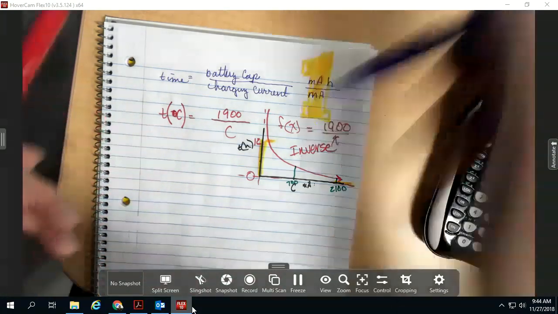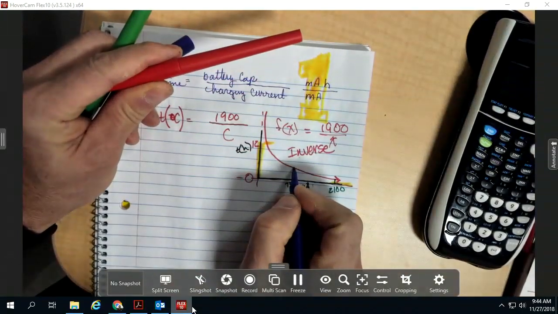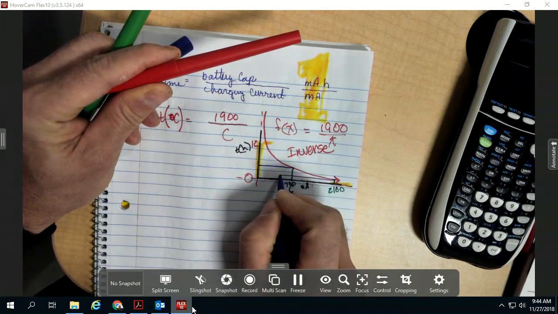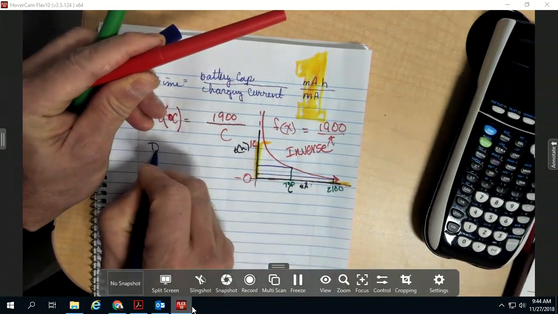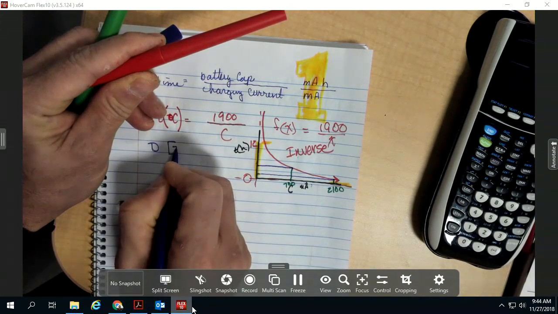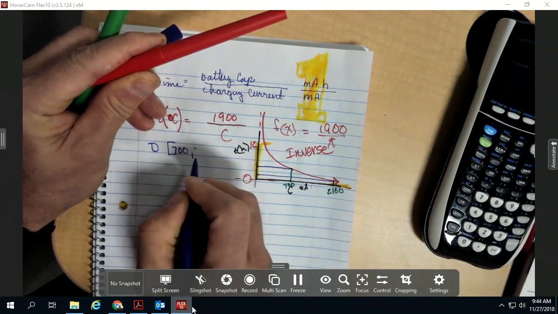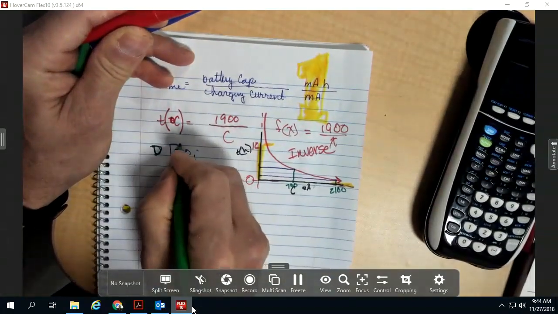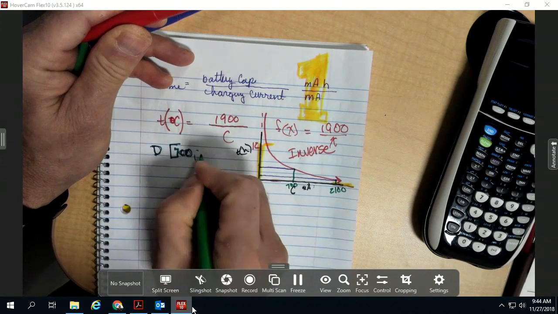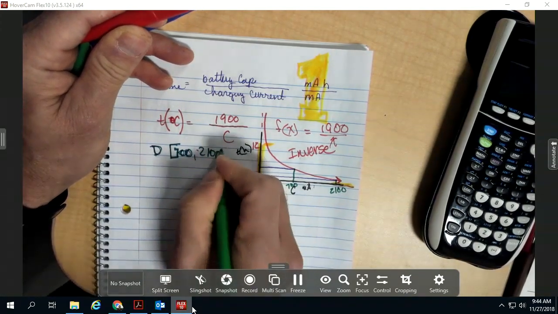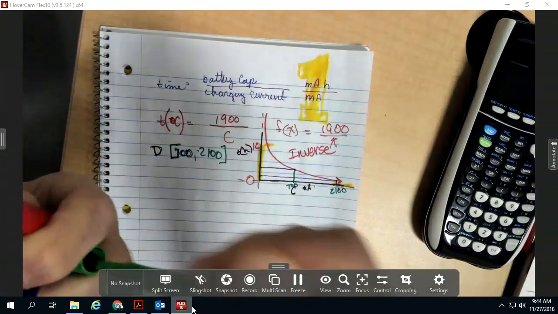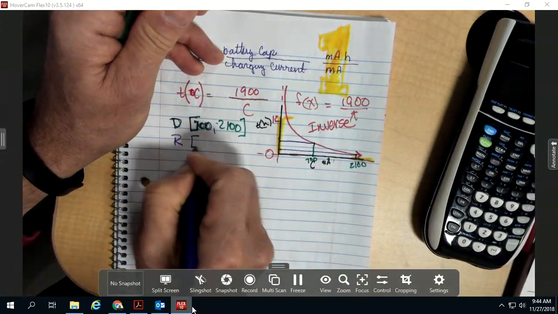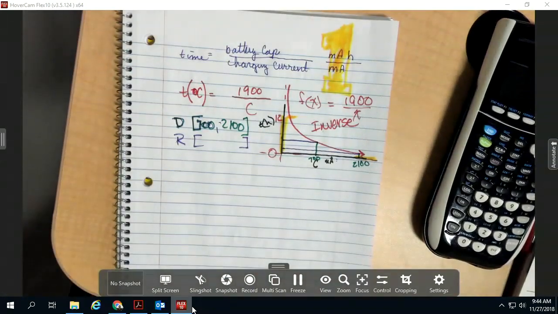So, D goes from 700 to 2100. Range goes from, well, let's go to the graph.